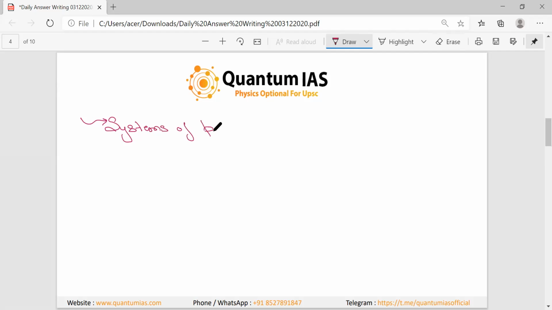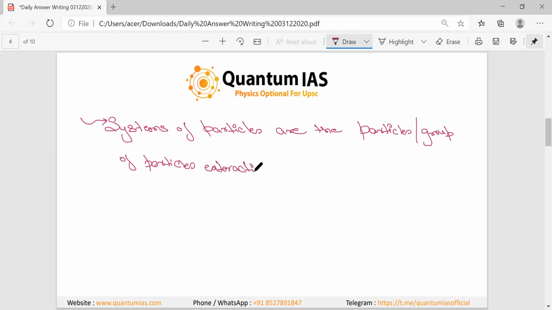System of particles are the particles, or you can say the group of particles, interacting with each other and are under our observation, right? So you first need to define what you mean by the system of particles.